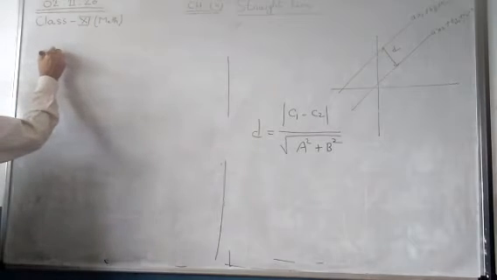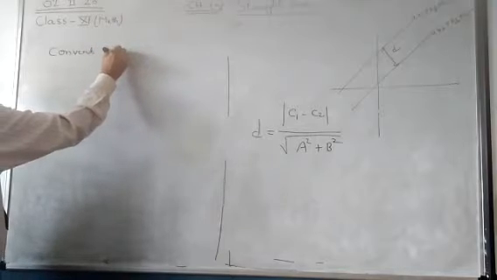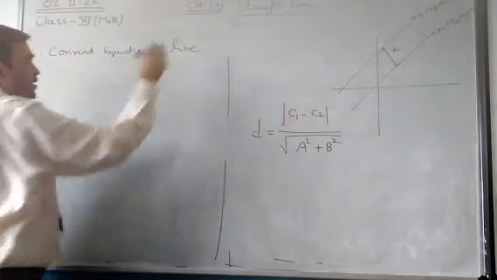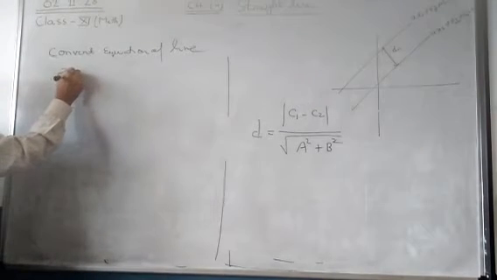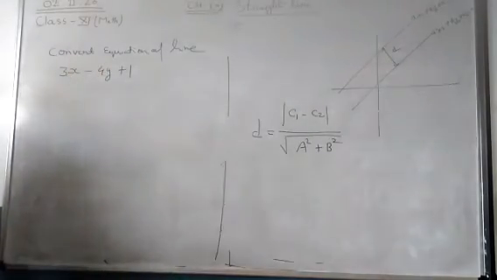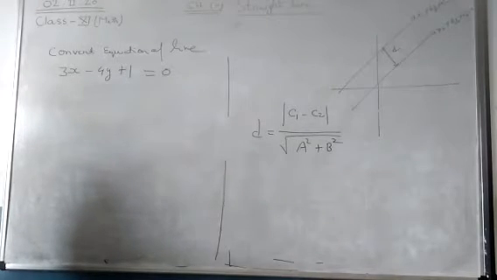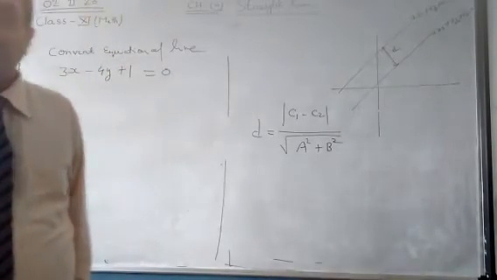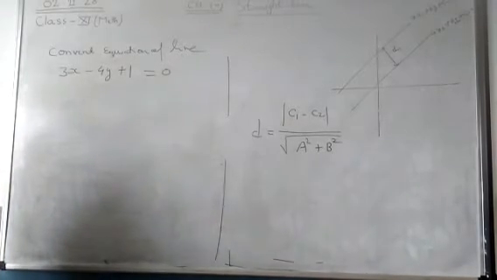Convert the equation of line 3x minus 4y plus 1 equals 0 into various forms, meaning intercept form and slope intercept form, and also we can express it in the perpendicular form.